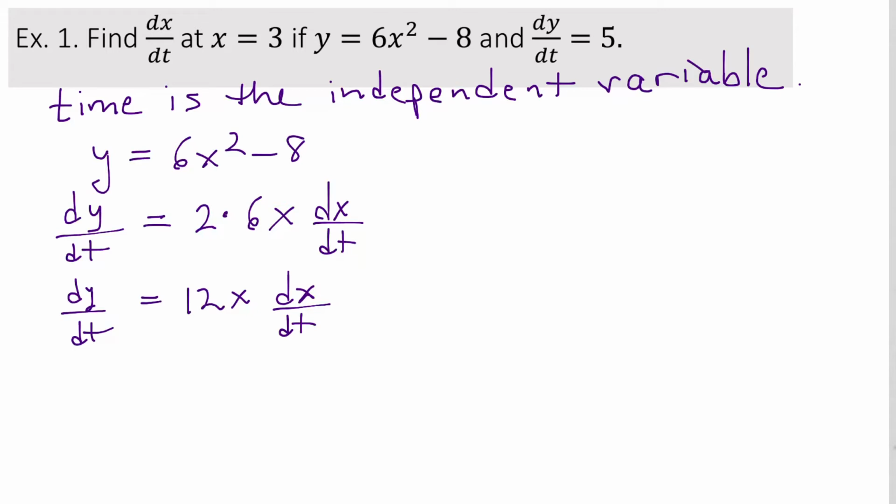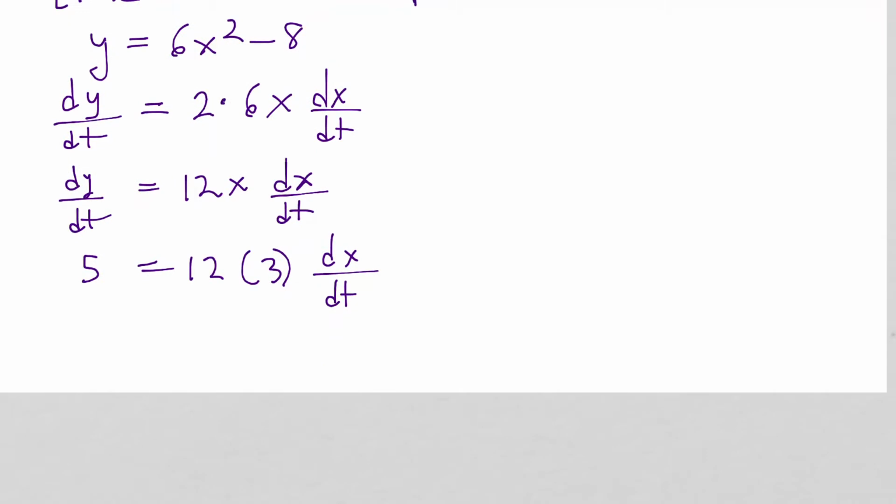Now, we're looking for dx/dt, but we're given x is equal to 3, and we're given dy/dt is equal to 5. So I'm going to substitute 5 for dy/dt and 3 for x, which leaves me with only one unknown, which is the derivative of x with respect to time.